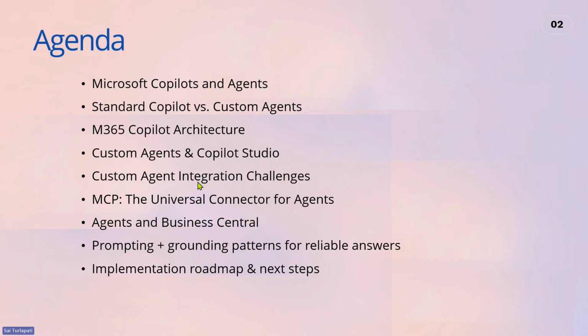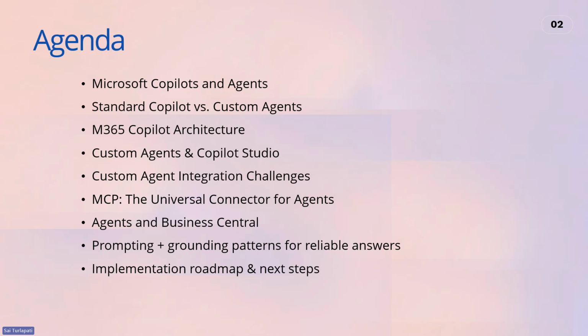The next one, we are going to talk about custom agent integration. Assume that once we create a custom agent, how are we going to integrate that agent with Business Central or with any of the Microsoft suite of applications or databases. Then we talk about MCP, followed by agents and Business Central. Prompting and grounding patterns.